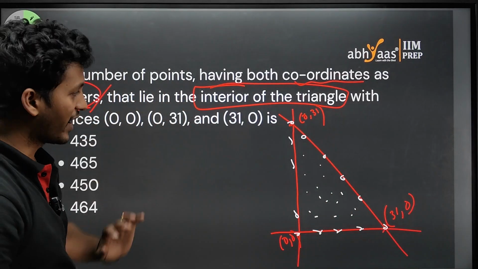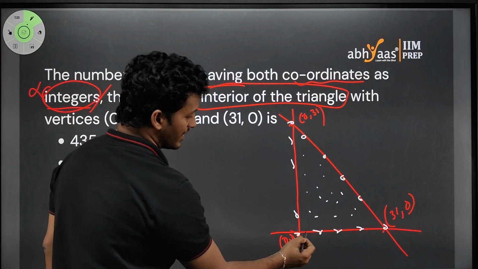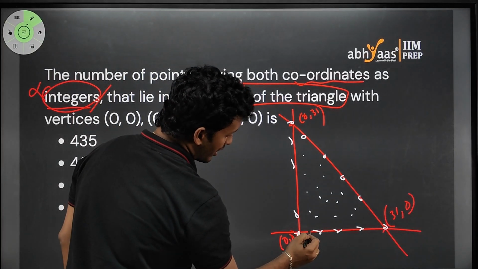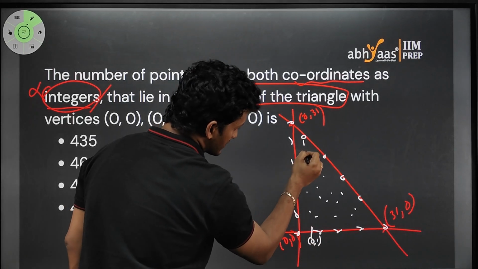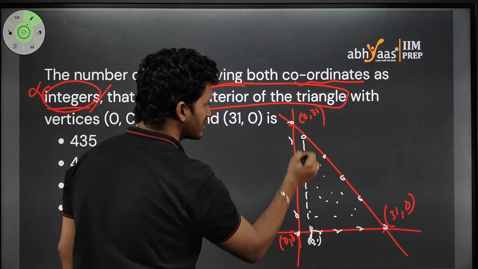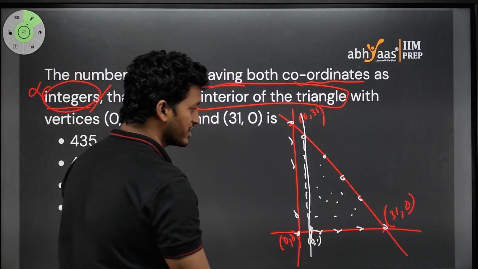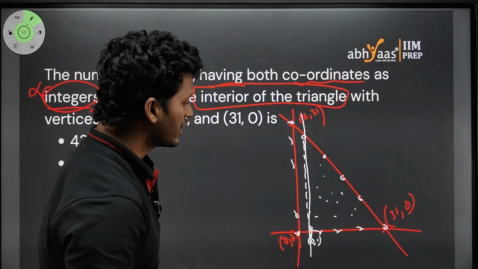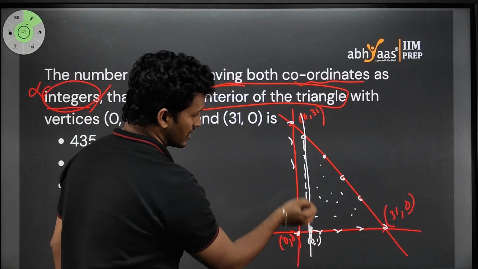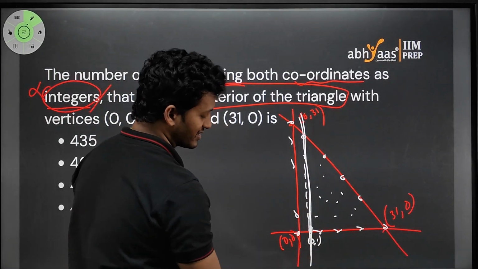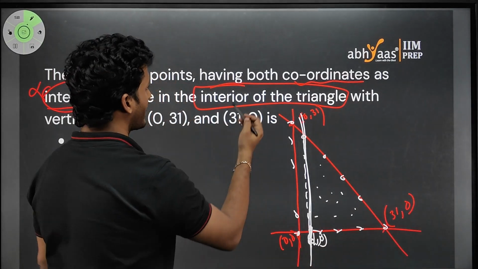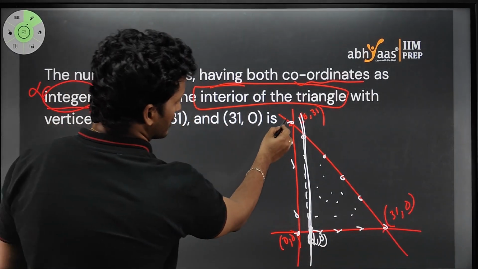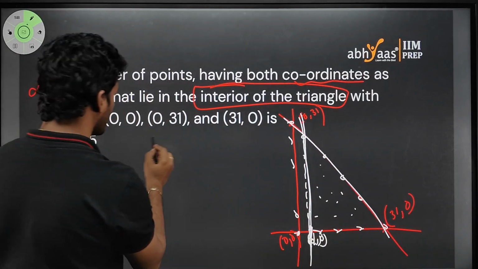To find that, first of all, let's see what points are possible on this line. How many integer coordinate points are there on this line if my line passes through x equal to 1?